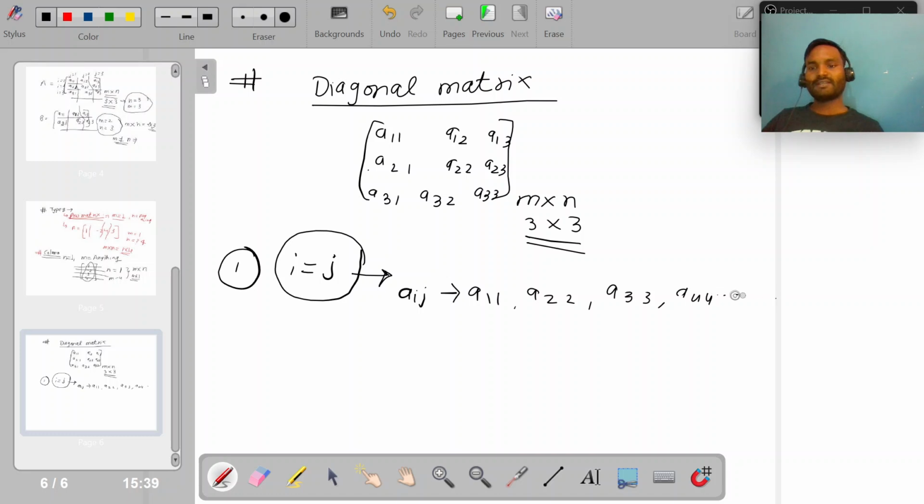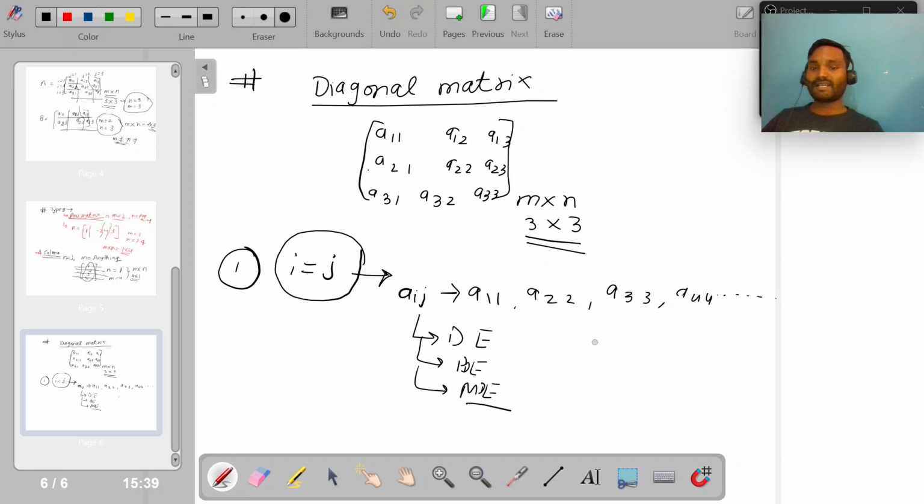These are known as diagonal elements. They are also named principal diagonal elements, also known as main diagonal elements.